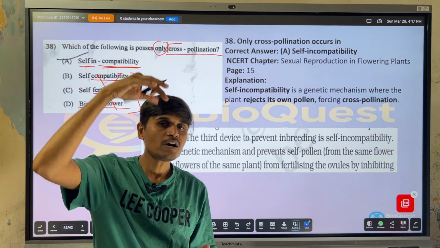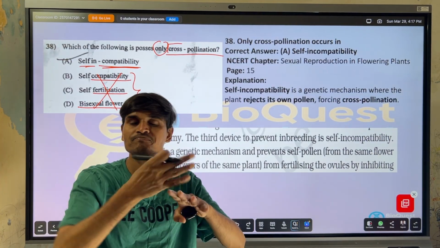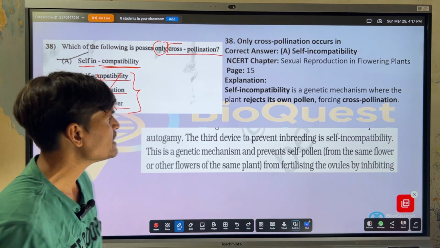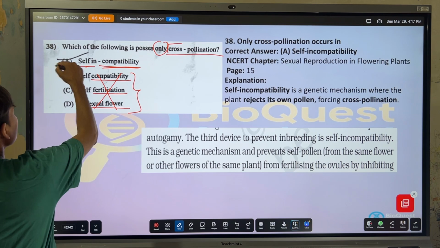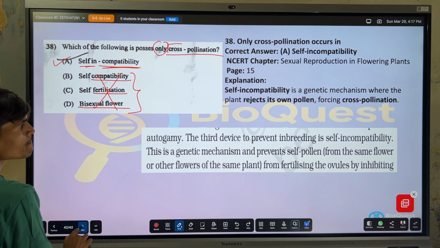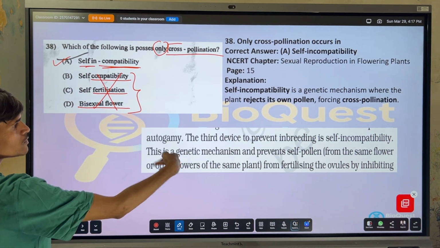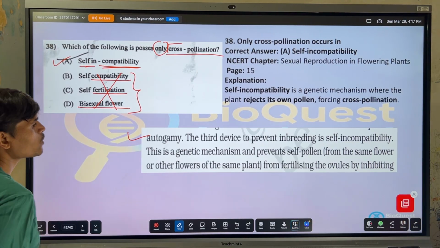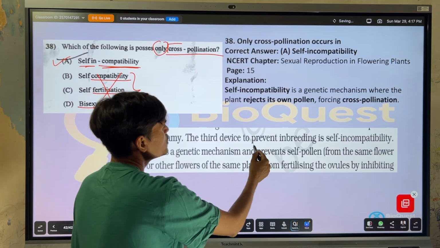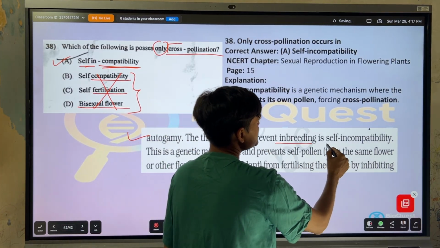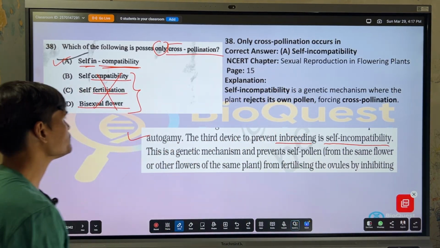When its own pollen grain falls on it, it won't germinate. So it is called self incompatibility. So the answer is A. You can see this in the textbook: the third device to prevent inbreeding is self incompatibility.